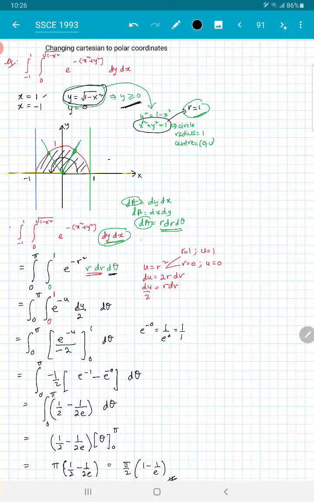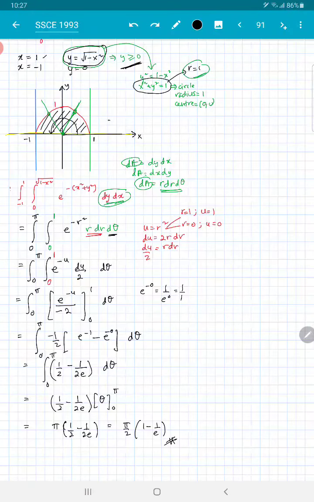Once you have your region, you can get the limits for r and theta, and of course the integrand has to be changed in terms of r and theta as well. If you see x, change it to r cos theta, and if you see y, change it to r sin theta, but we know x squared plus y squared is r squared. So the integrand should be in terms of r and theta, and then evaluate as usual, and you get your answer.